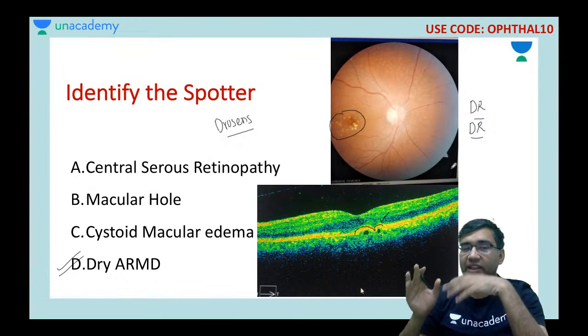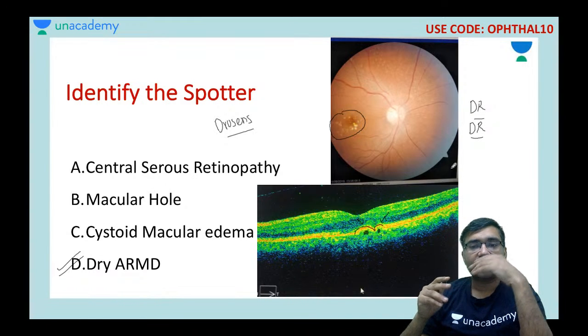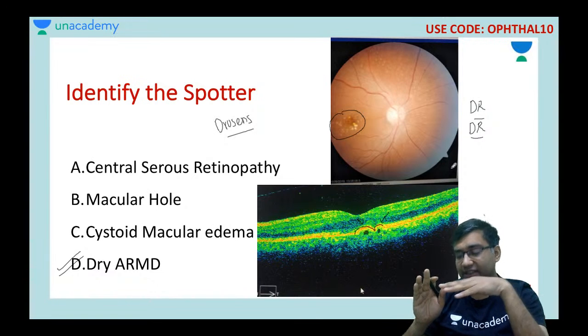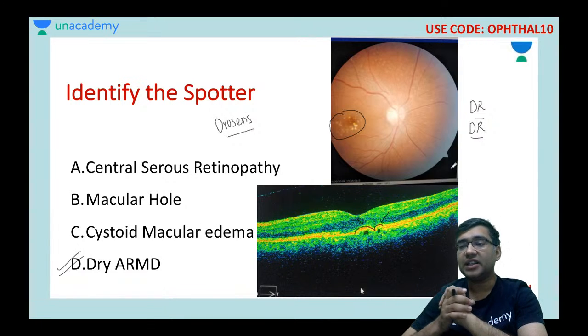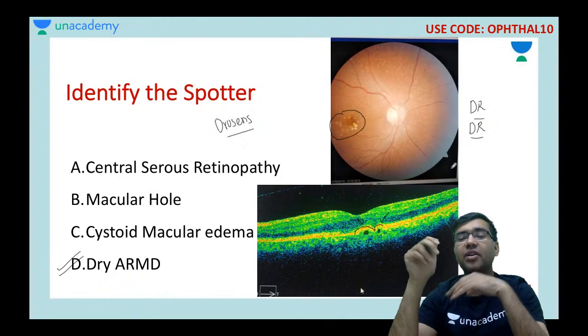Here you can see there are no cystoid spaces, there is no accumulation of any fluid. The pathology is coming from the choroid and basically elevating the RPE. So this is called dry ARMD. So there are two terms. One is dry ARMD.